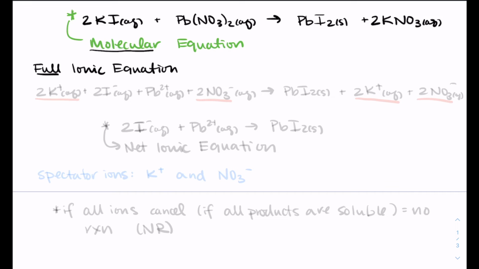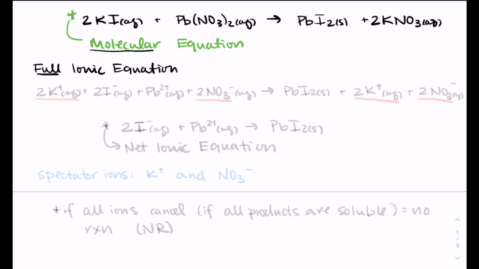So get rid of the extraneous material. What was the main point? What was the thing that truly happened in this reaction? The first step in doing that is writing something called a full ionic equation, where every single piece is written the way that it exists in solution.